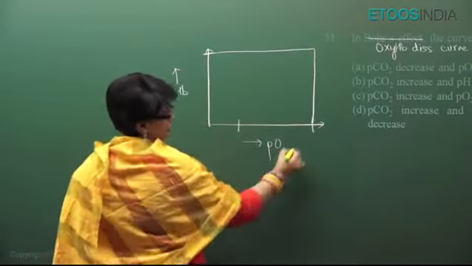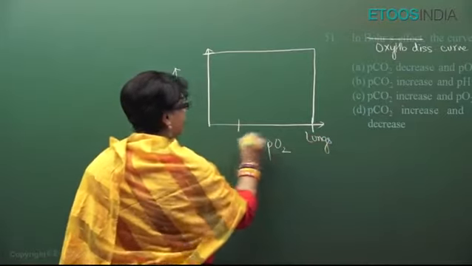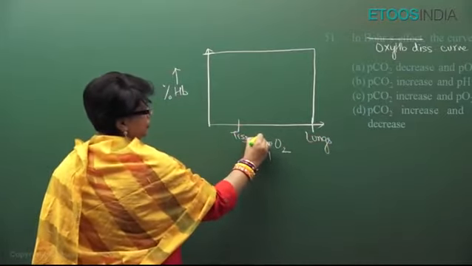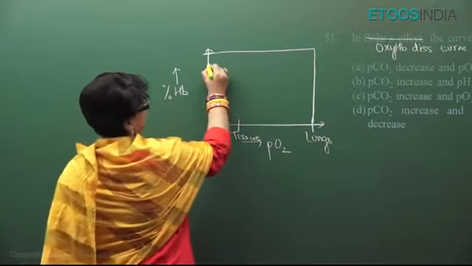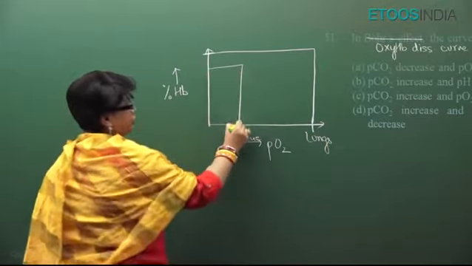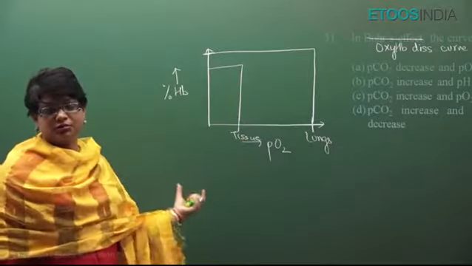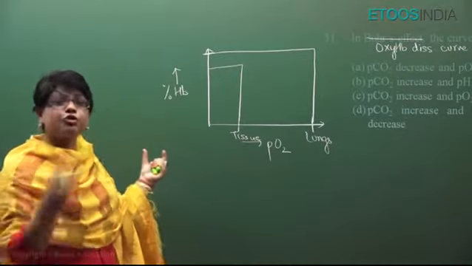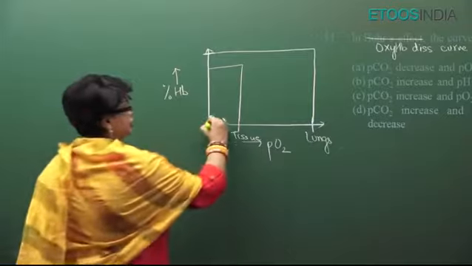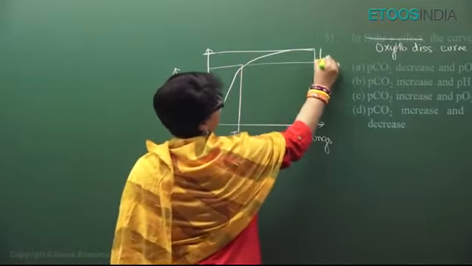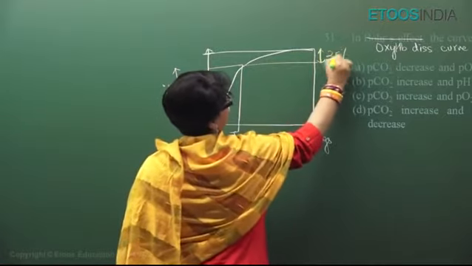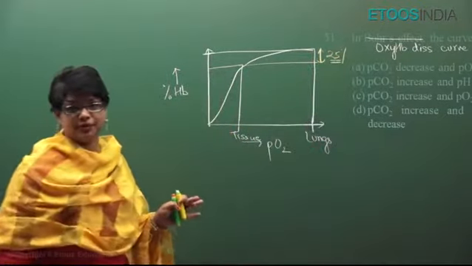And at tissue level, at about 40 mmHg, it is still 75% loaded with oxygen, because only 25% is delivered. So how much is delivered? Only this much, 25% is delivered to the tissues. That means this much has dissociated.